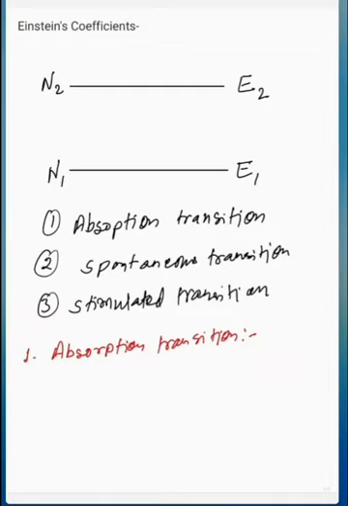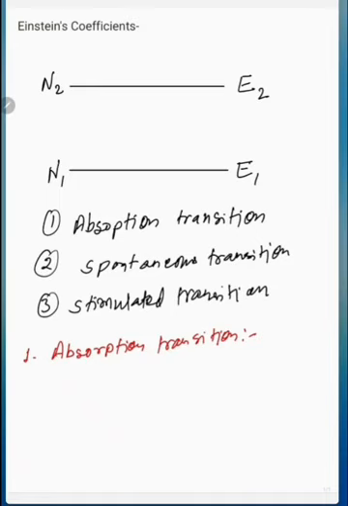Friends, we have already described absorption, spontaneous and stimulated emission or transition in our previous video. If you have not seen it, then please see that video, then you can easily understand absorption and spontaneous and stimulated transitions.